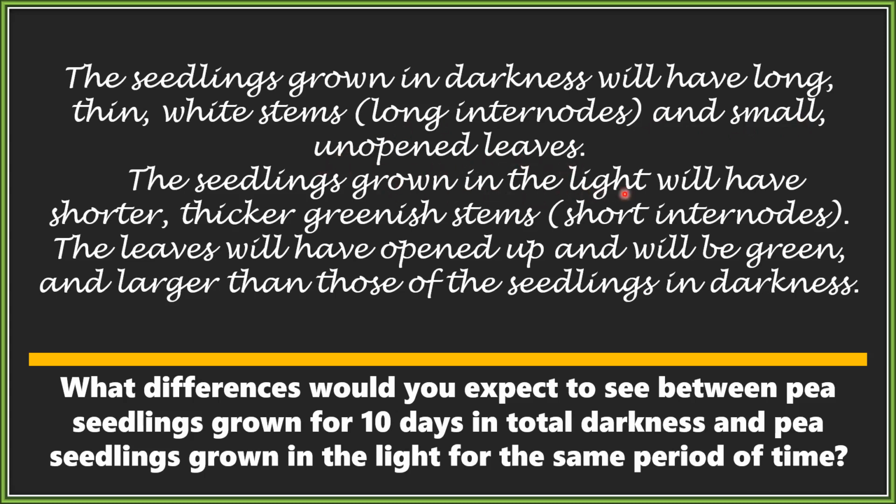The seedlings grown in light will have shorter, thicker, greenish stems, short internodes. The leaves will have opened up and will be green and larger than those seedlings in darkness.